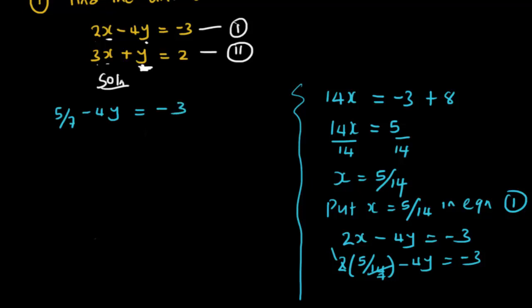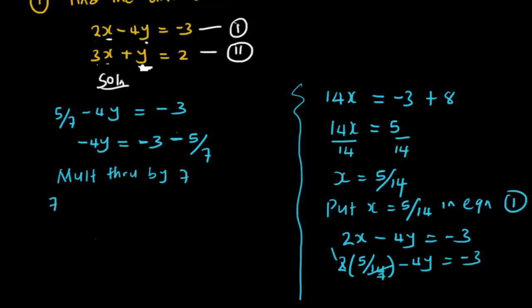Now I collect like terms. The 5 over 7 goes to meet the minus 3. So I'll be left with minus 4y equals minus 3, and when 5 over 7 moves to the other side, it becomes minus 5 over 7. Now one way to solve this is to multiply through by 7 so that I take away this fraction. So multiply through by 7.